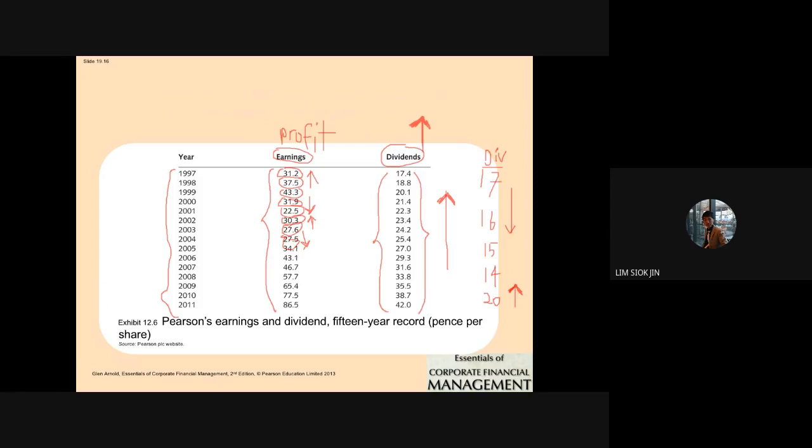This is an unstable dividend. It is not growing, it is more like fluctuating. Fluctuating means going up and down. If it is going up and down, it is very unsettling. This is very uncomfortable for owners, so owners will prefer and choose a company that is more stable.